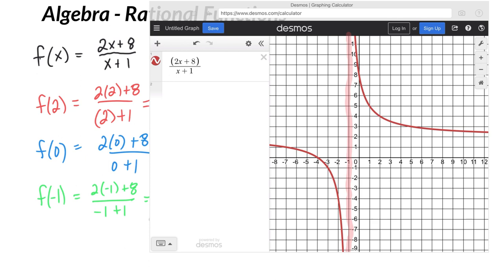So that's what's causing that to happen. So this is something that we're going to study with rational functions, and the idea behind asymptotes, where the function kind of either levels out or has some kind of error that causes this kind of behavior that's going towards infinity.